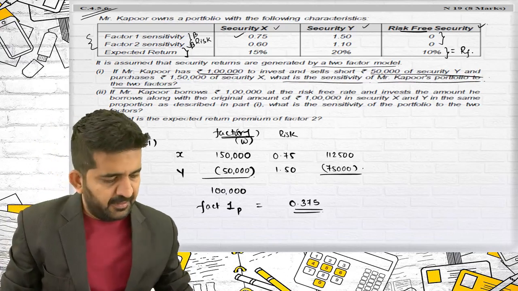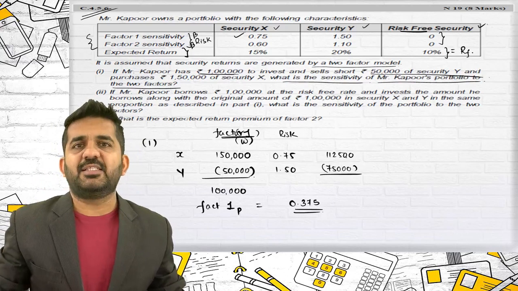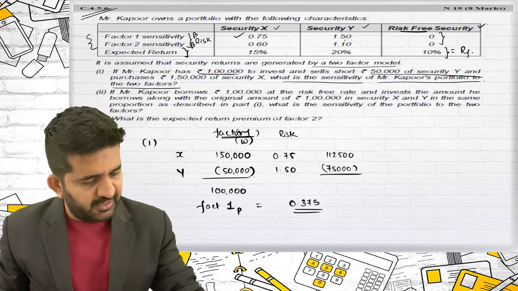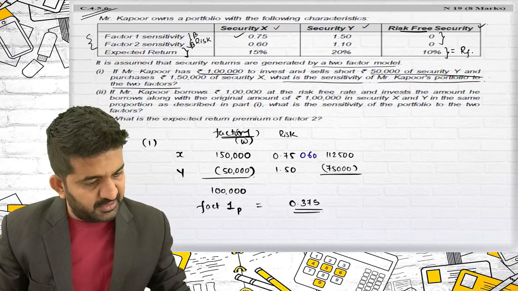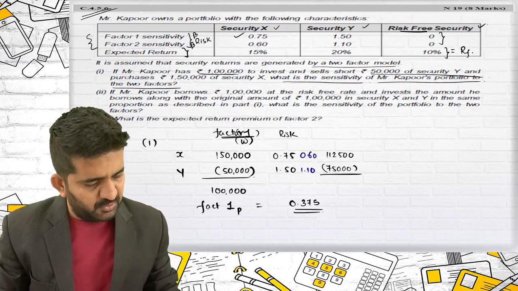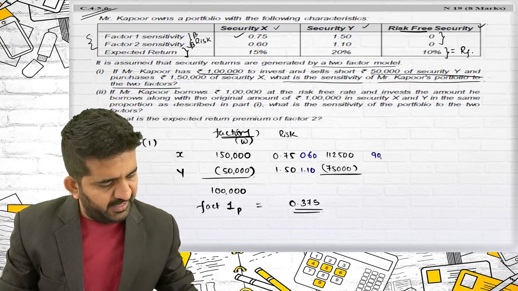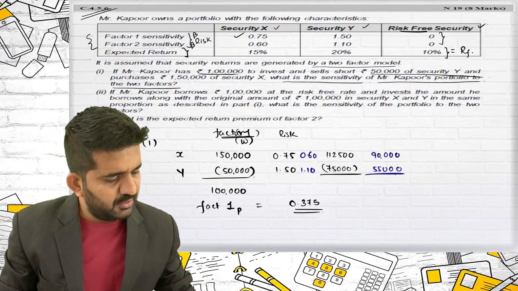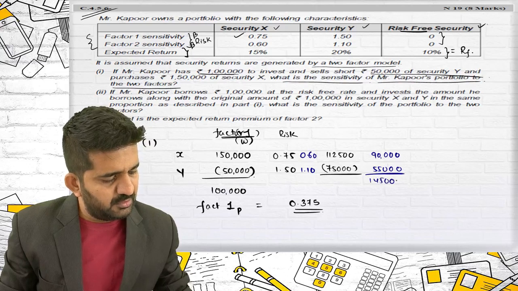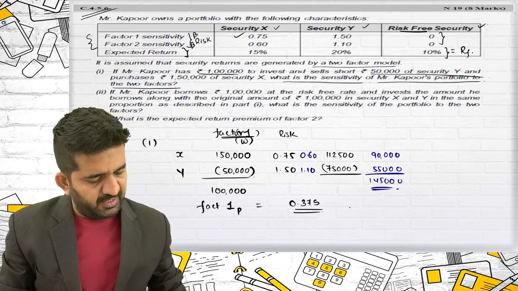Similarly, I can find out factor sensitivity 2 of the portfolio by taking this as 0.60, taking this as 1.10. This will be 90,000. This will be 55,000. This is 1,45,000 divided by 1 lakh.